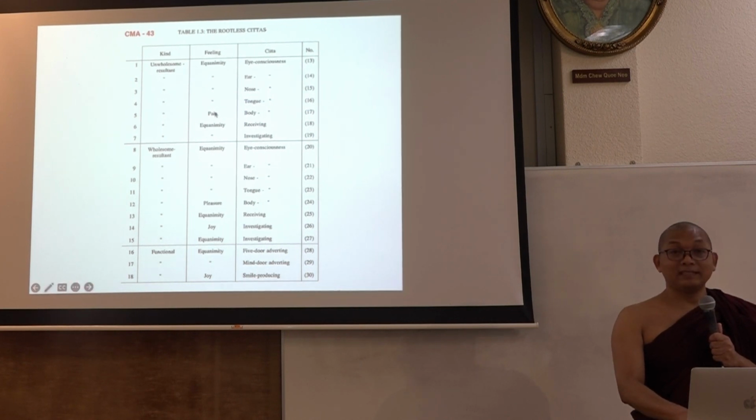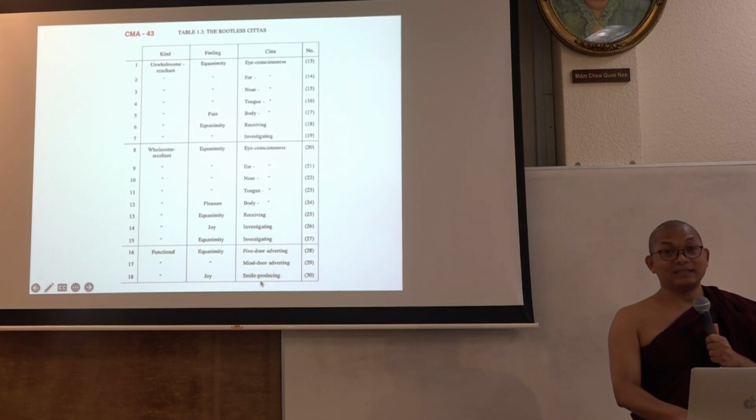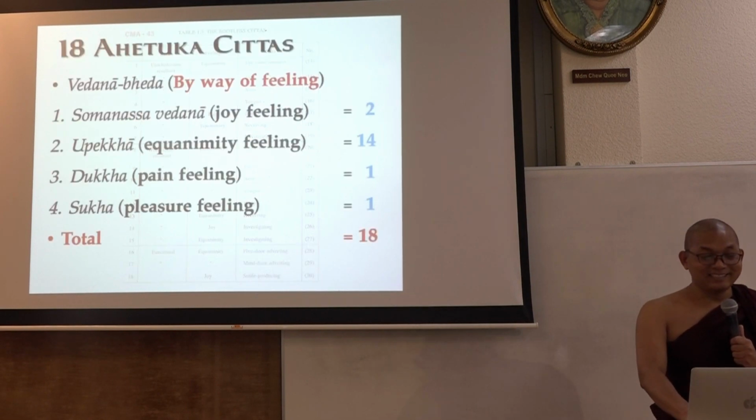Where is the pain feeling? With the body consciousness. Pleasure feeling, body consciousness. 2 types of joy feeling, somanassa: investigating and 1 smile-producing. The rest, equanimity, upekkha. Easy, right? Isn't it?